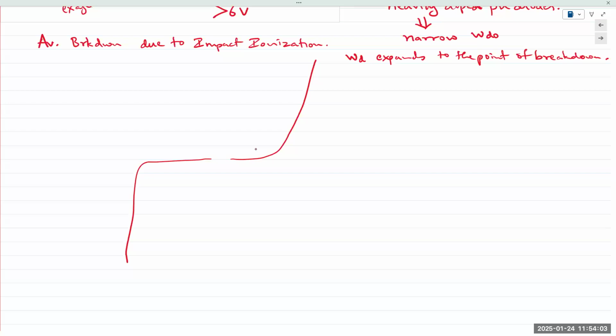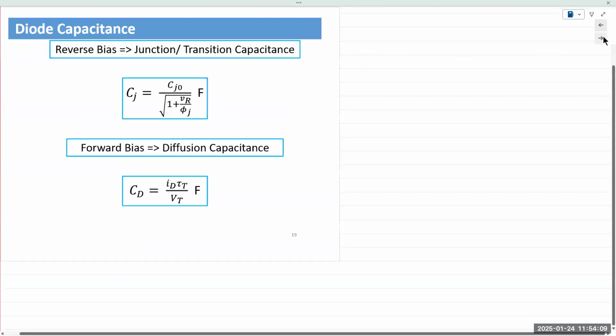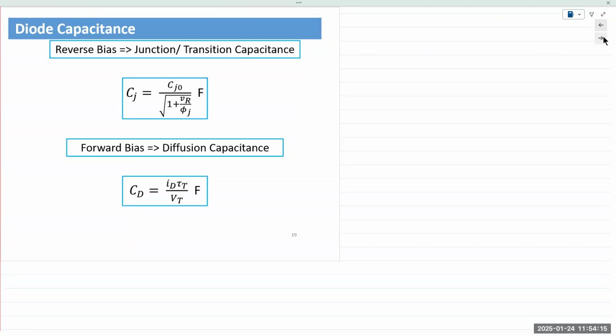Okay. There's one more thing I need to cover, and that's diode capacitance. In reverse bias, we are applying a voltage and the space charge region increases, meaning there's charge held on the P side and charge held on the N side.